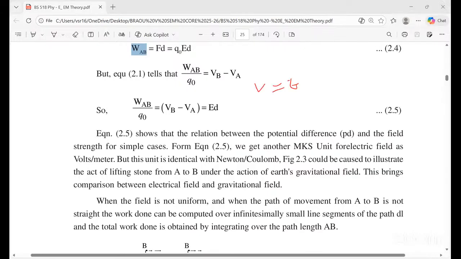Here V is the electric potential, where d is the distance between the two points chosen inside the electric field, and E is the electric field. If you want to calculate the electric potential value, you can easily calculate it using this relation.